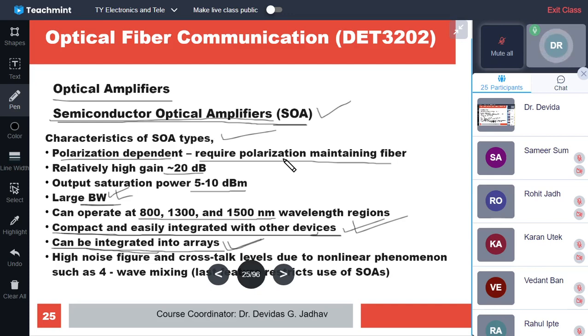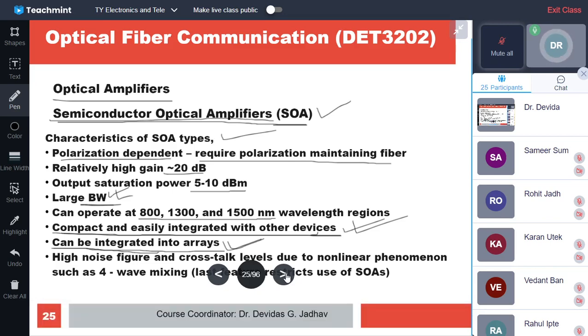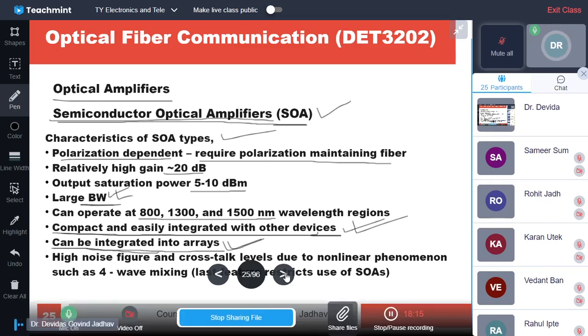It provides large bandwidth and can operate on 800, 1300, 1500 nanometer wavelengths. These are important wavelengths in communication. It is compact and easily integrated with other devices. It can integrate into arrays. It offers very high noise figure, and crosstalk levels are also there. So it has the limitation of multiple wave mixing, four-wave mixing or the like.